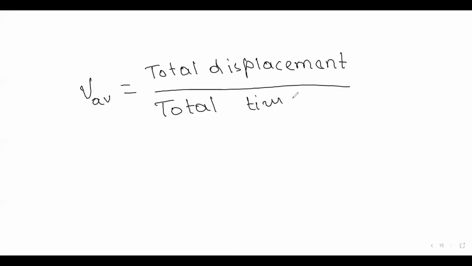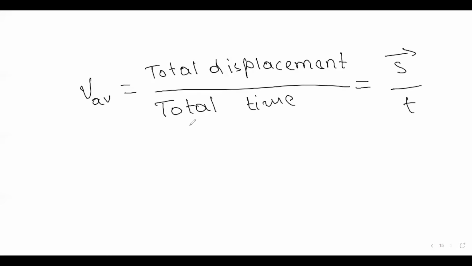Okay, so I've just written it as total displacement by total time. The only difference here is that the average velocity is taking the displacement, but in average speed we have taken total distance by total time.